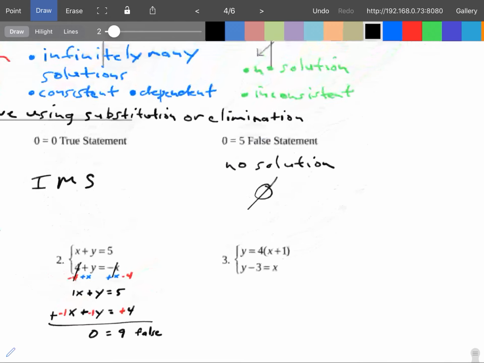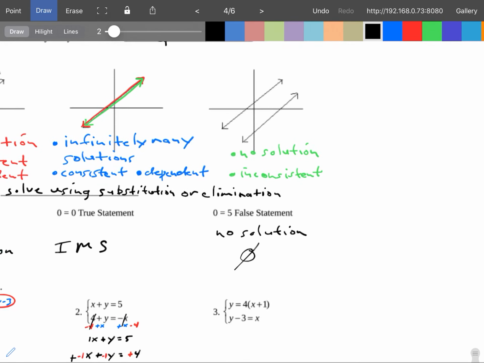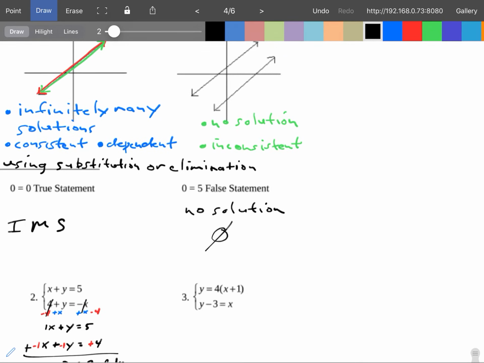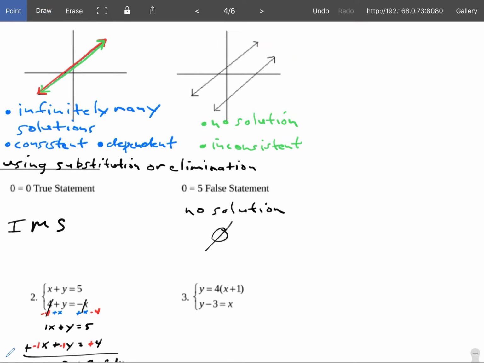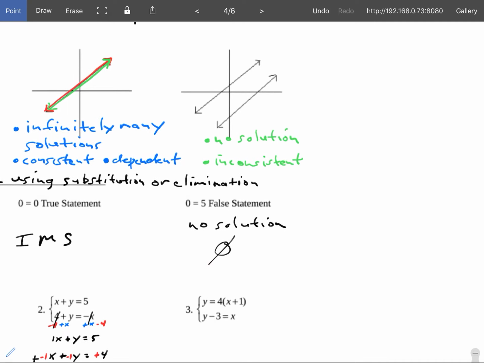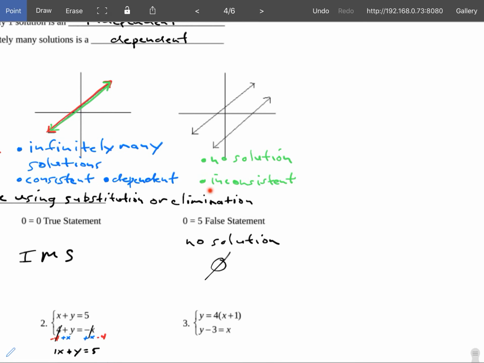So then we go up here and look at our notes. And it's this one right here, right? So if you get a false statement, we got 0 equals 9, you know there's no solution. But then you also look up here and you know when it's no solution that it's called inconsistent.